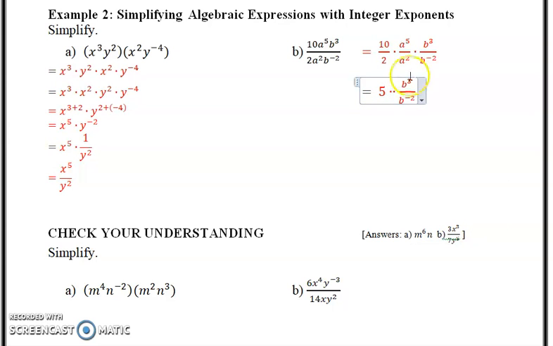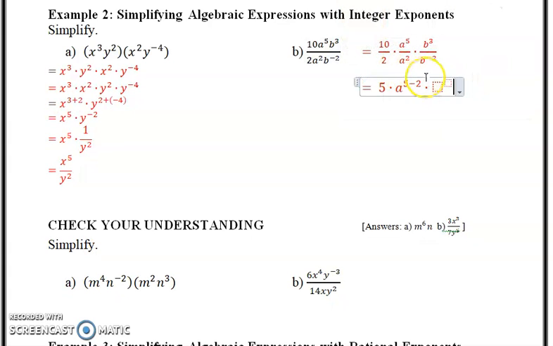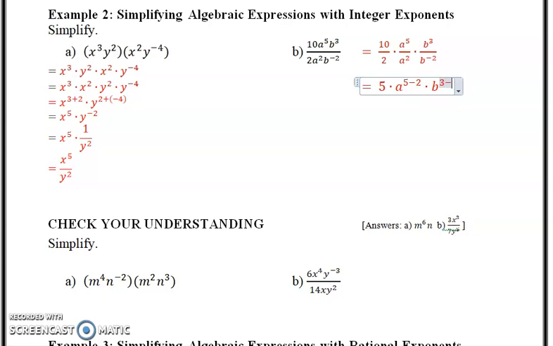So this will become a to the 5 minus 2. Bases are the same, keep the base, subtract the exponents for division. And then the same thing here with the b. So the b becomes 3 minus a negative 2. Be careful with that, because when we subtract a negative, we add the opposite, right? So it ends up being plus that. So just be careful there.